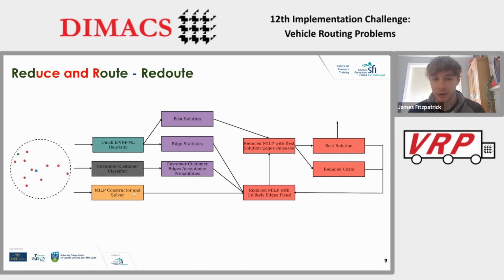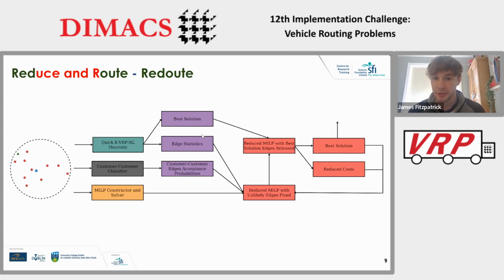And we want to feed them into our MILP solver. So we construct a problem, and based on what we get from our edge statistics and our customer-to-customer classification, we reduce the MILP heavily, basically reducing the number of edges to a very, very small fraction of those that we could possibly have. And we ensure that the best solution can still be found inside that reduced problem. And then we solve this in an iterative process.